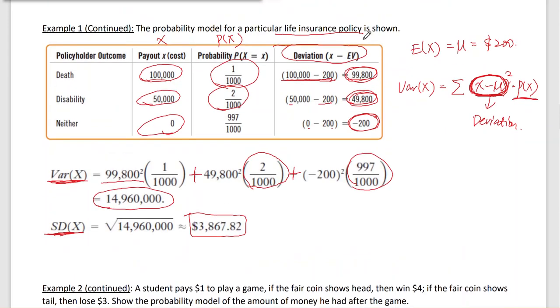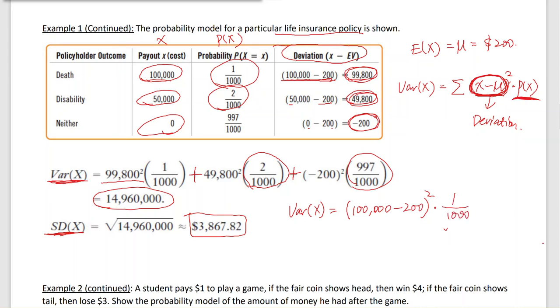If you don't want to add this column, you can actually just calculate by hand. For example, by this formula, for the first term you have x, which is 100,000, minus mu, which is 200, squared, times the corresponding probability, which is 1/1000.